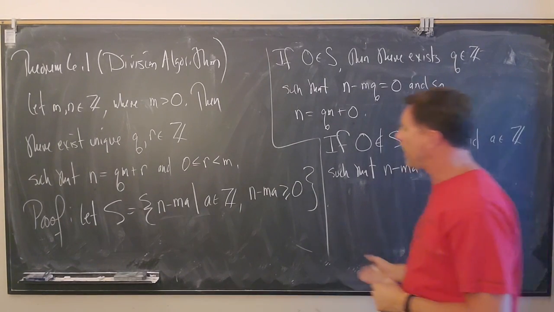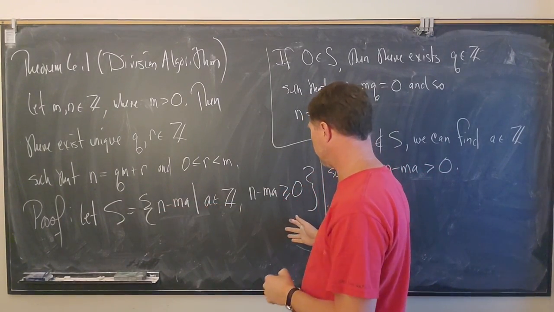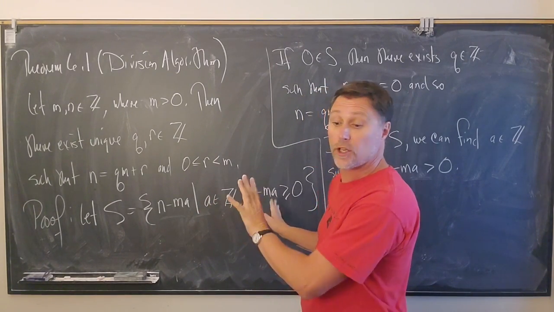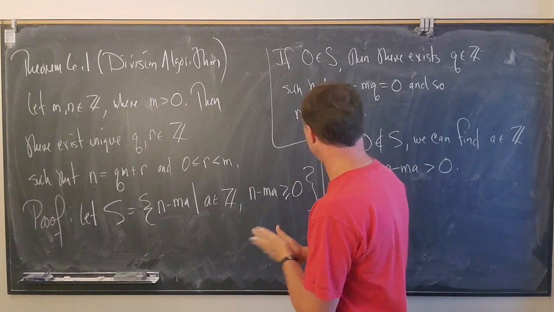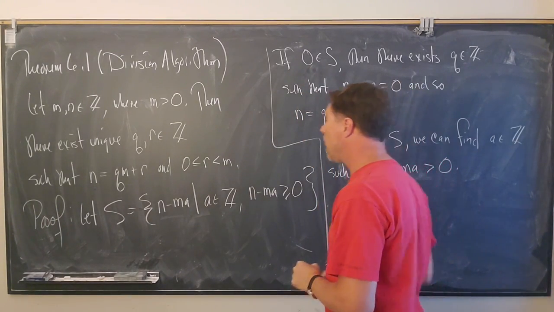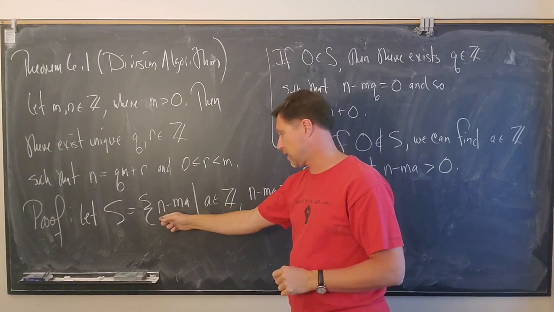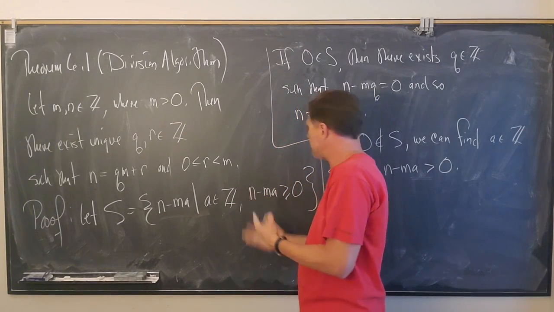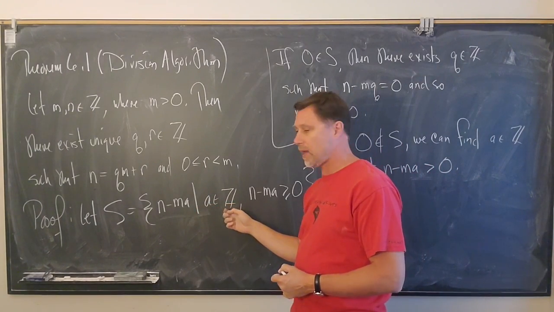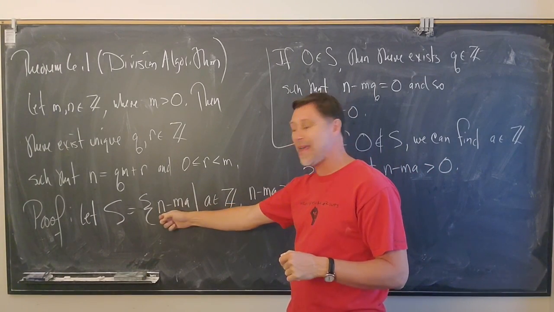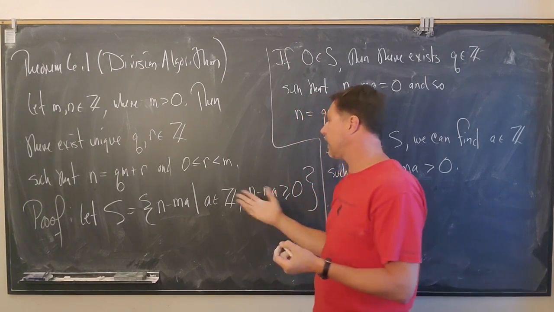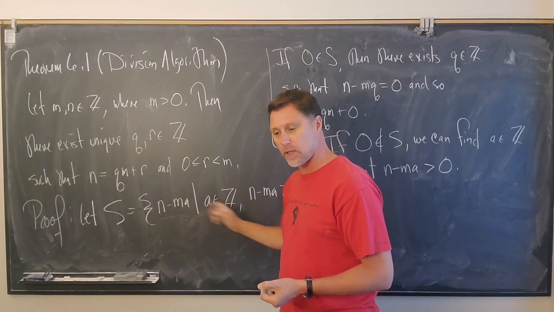So we know the elements in this set are integers that are greater than or equal to 0. If we know that 0 is not in the set, that means all such elements in here are positive. Now, this is just sort of common sense. As you run through all possible a's, it doesn't matter who n is and who m is, by choosing a correctly, you can create an expression of this form that's strictly greater than 0.